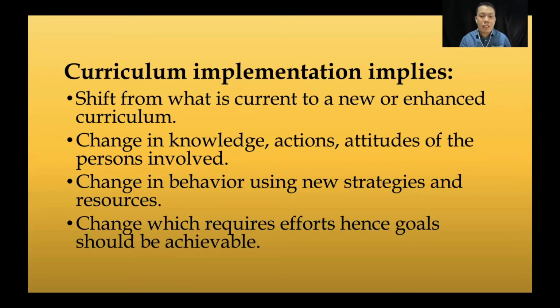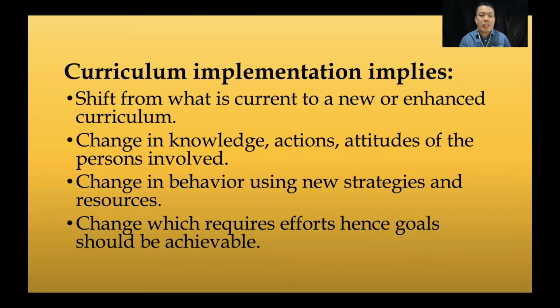Change in behavior is a change which requires effort, hence goals should be achievable. Part of the curriculum implementation is to set learning outcomes or goals which should be attained at the end of the curriculum implementation.